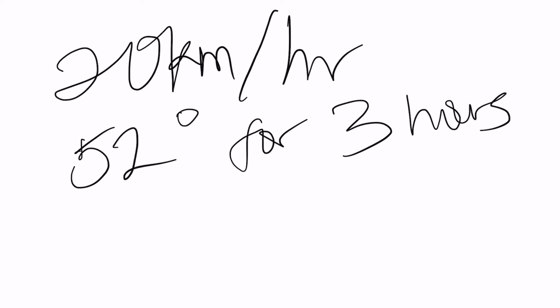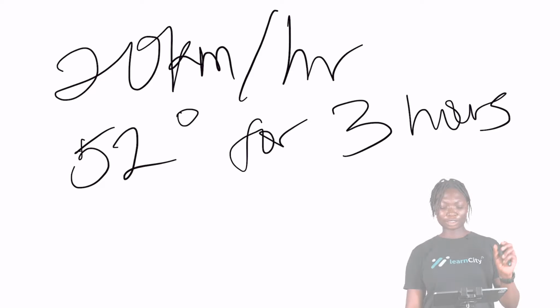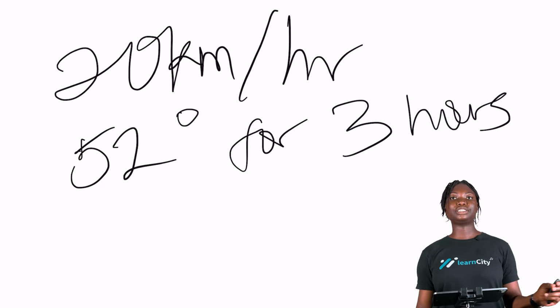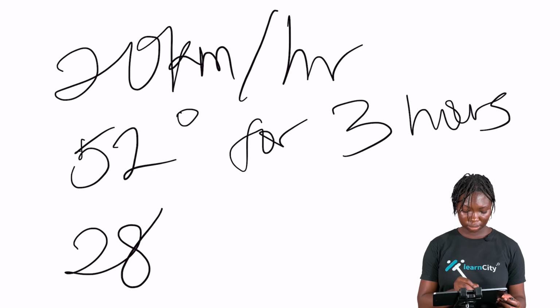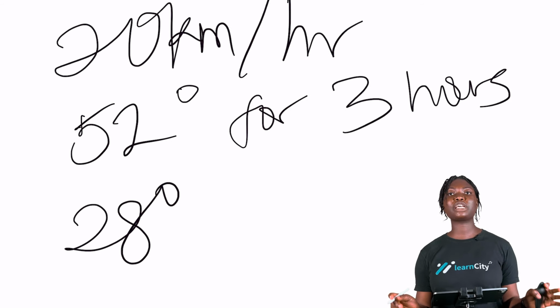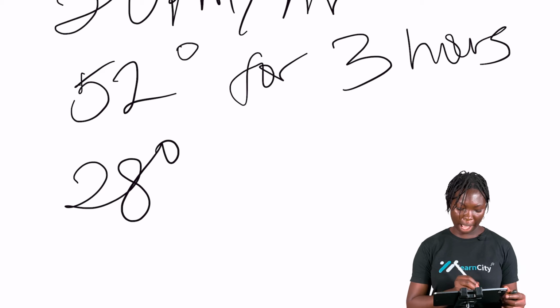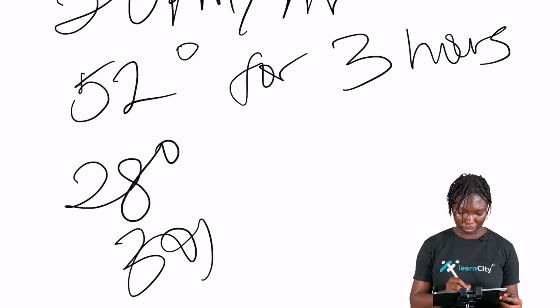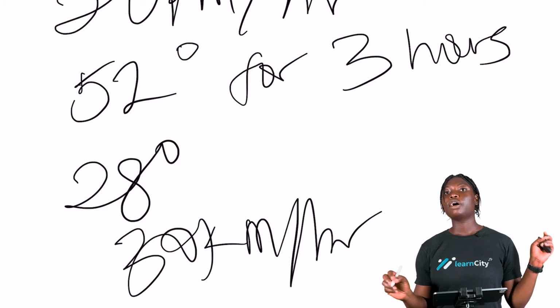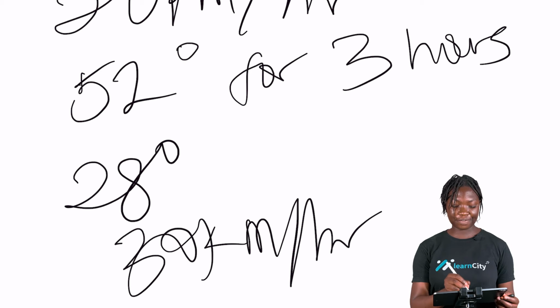It then changes course and flies on a bearing of 28 degrees at an average speed of 30 kilometers per hour for 1.5 hours.